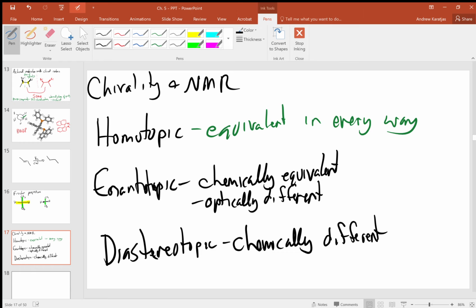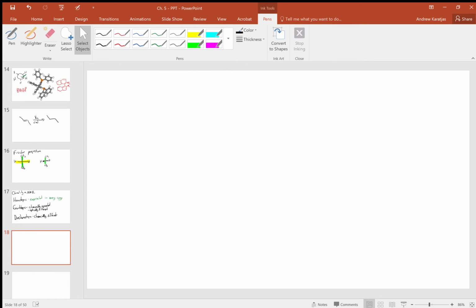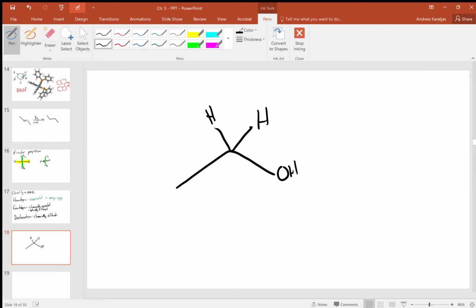Now, how do we determine this relationship? Well, let's say we're looking at these two protons. And what we're going to do is replace each of those protons with something else. So down here we'll replace the one on the left.